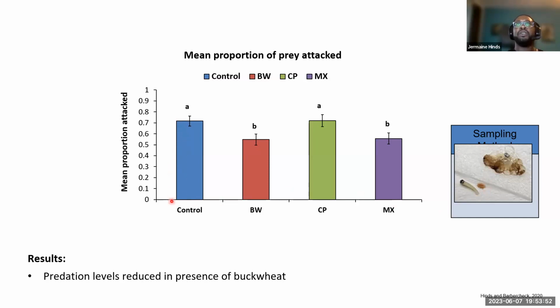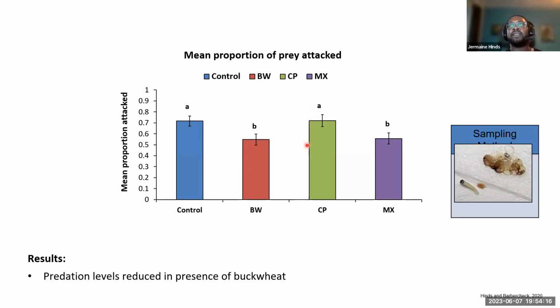And so with the control, we got around 70% mean proportion of eggs attacked. Well, we noticed when we had buckwheat, so those many flowers, they didn't attack as many pests. So we're seeing that you have to balance the amount of food you provide so that they can still be hungry enough to go attack pest insects, right?